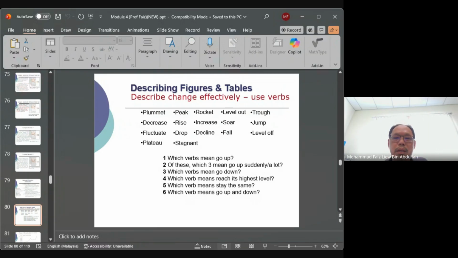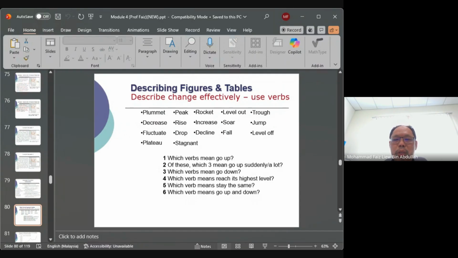So it's the same thing as stagnant. Plummet, peak, level out. These are the verbs that can be used to describe your graph, the pie chart or the bar chart, everything.